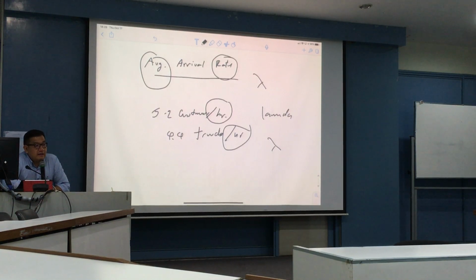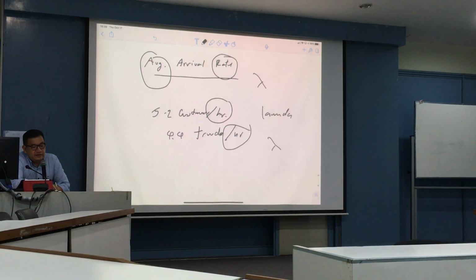If you cannot find lambda, just skip the queuing question and go to another question, because you cannot do anything. Lambda is the average arrival rate, the rate of customers arriving to the system.